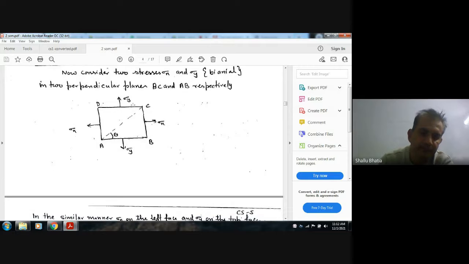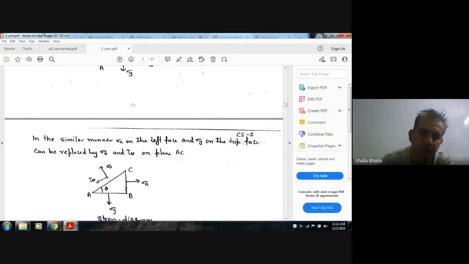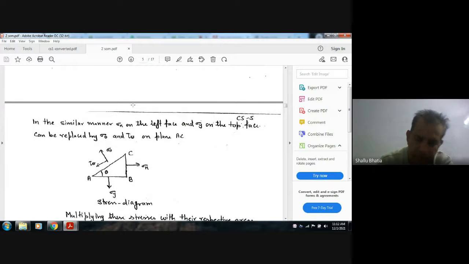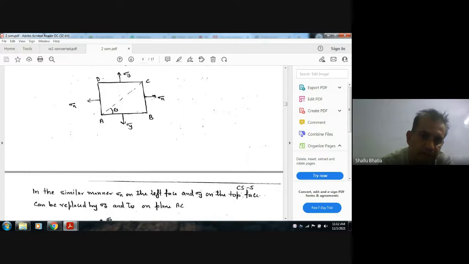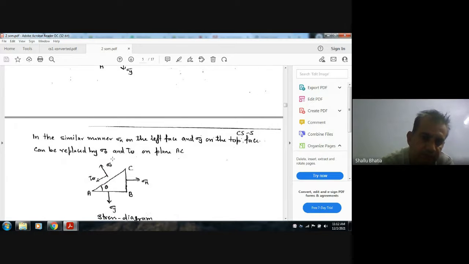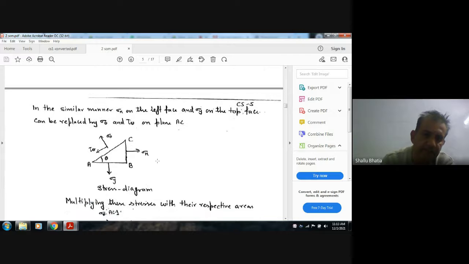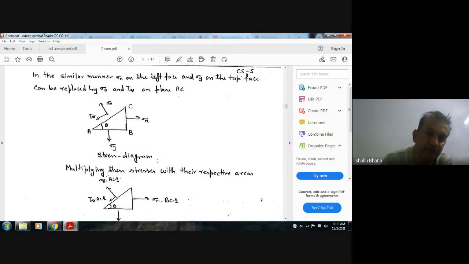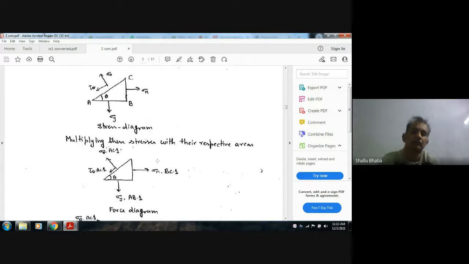In a similar manner, now this sigma x and this sigma y can be replaced by sigma theta and tau theta. Now, if we multiply them with their respective areas, we can find the forces.